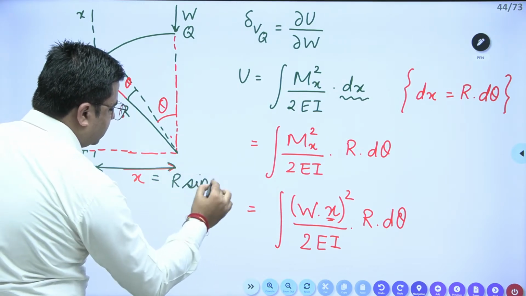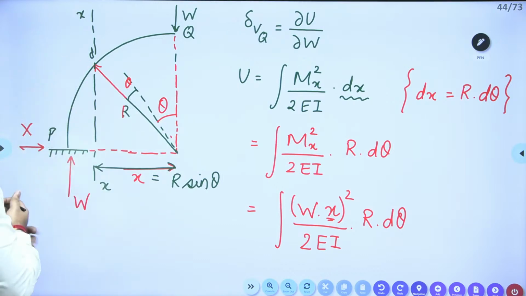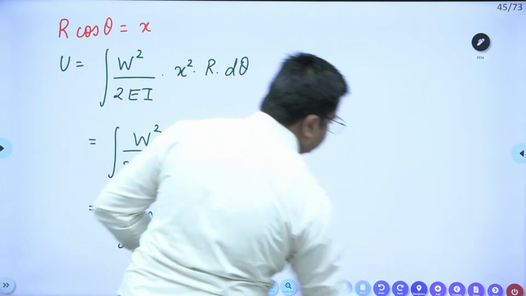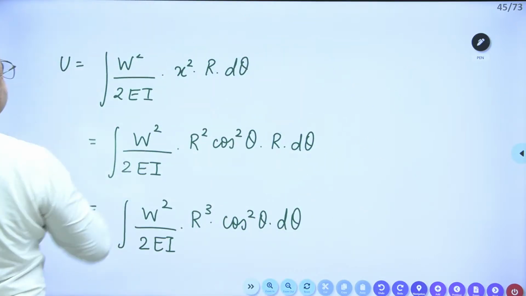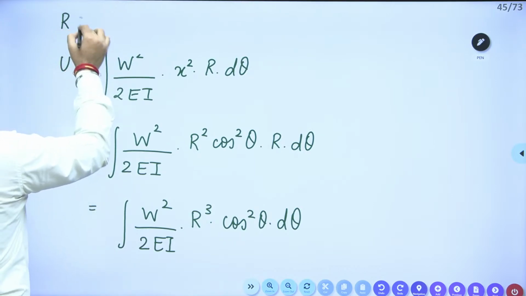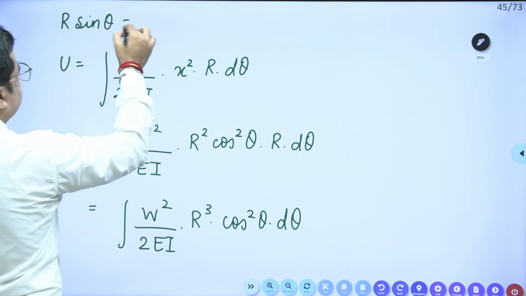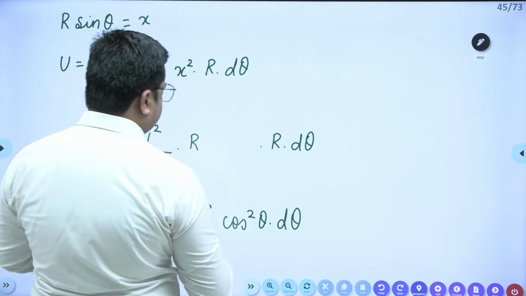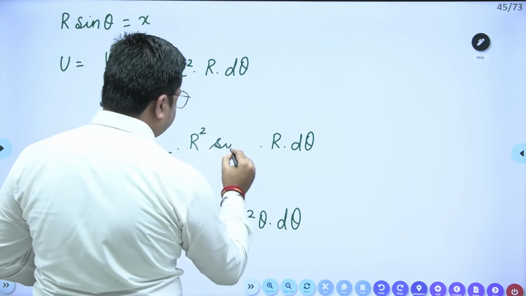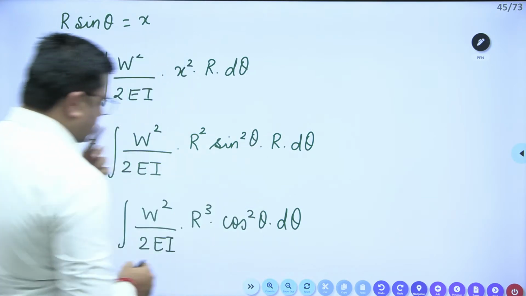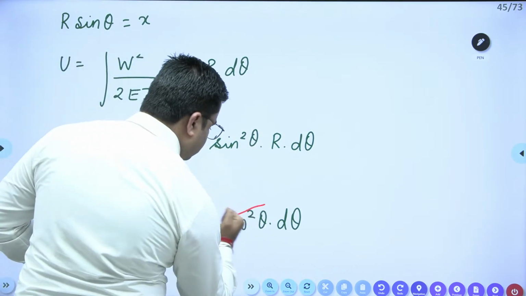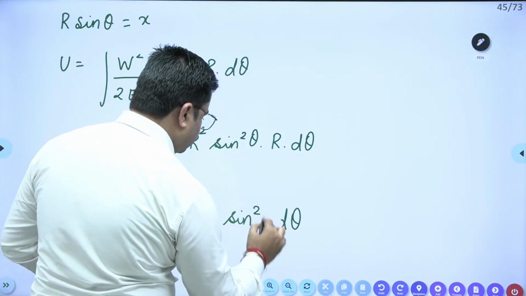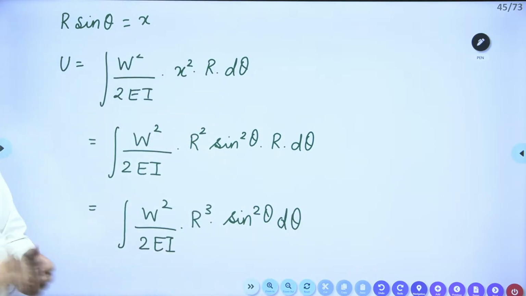So r sin theta is equal to x. So this is r square sin square theta, so this is again sin square theta into d theta. Just correct this.